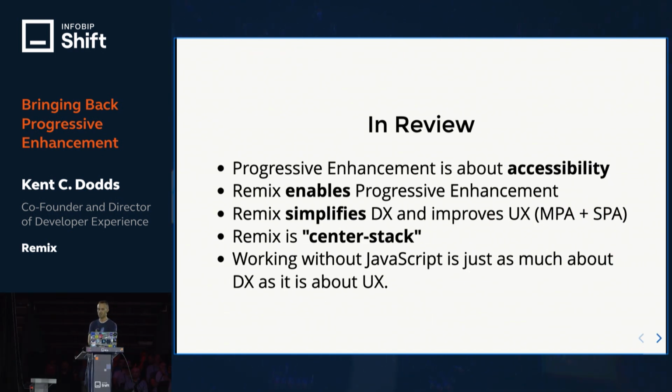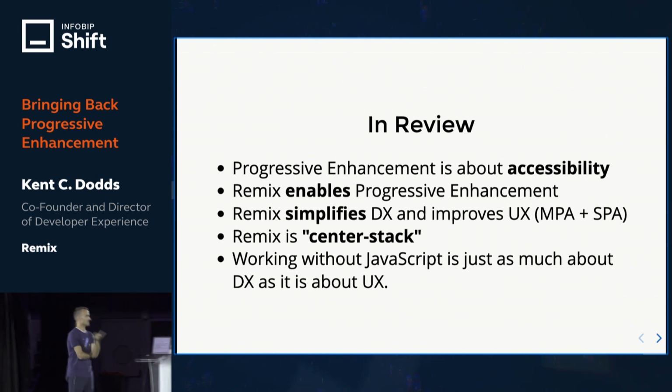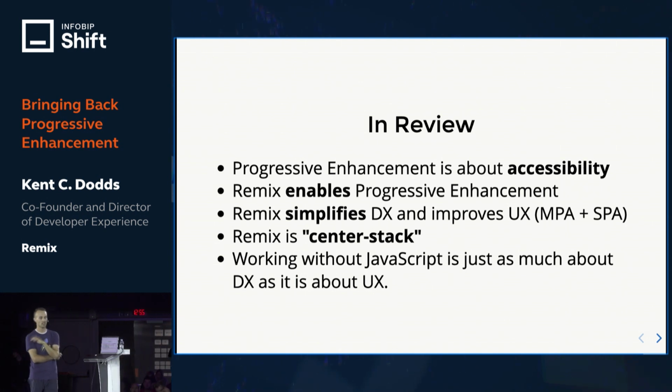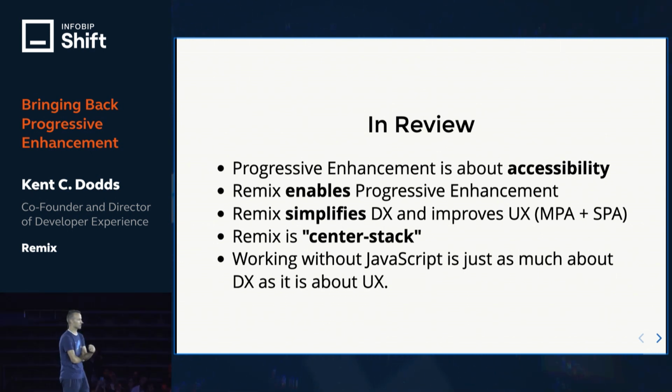So to wrap things up, progressive enhancement is about accessibility. You want to make your application as accessible as possible, not just from an assistive technology standpoint, which of course you want also, but from a standpoint of: my network connection is really slow. I'm at this conference in a different country and my data plan doesn't work as well over here or whatever.